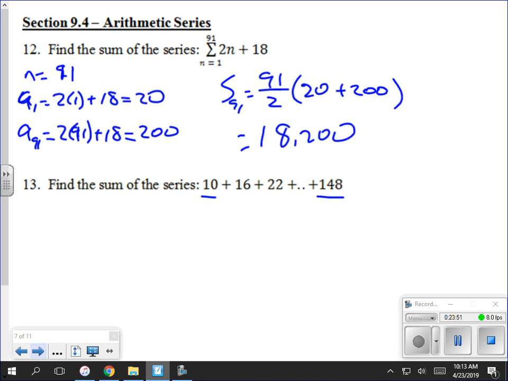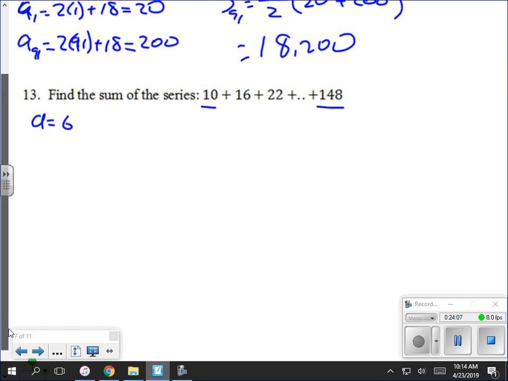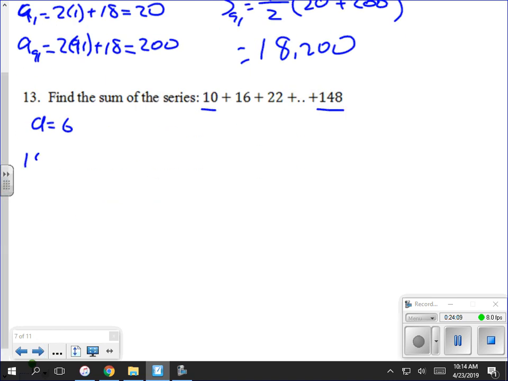I go back up to this formula up here. Plug in the last term, plug in the first term, figure out d. How do I get from one term to the next? I add 6 each time. So my d equals 6. So I go, okay, 148 equals 10 plus n minus 1 times 6.